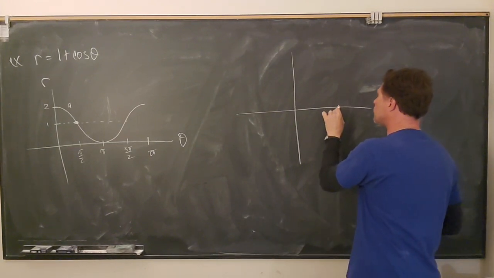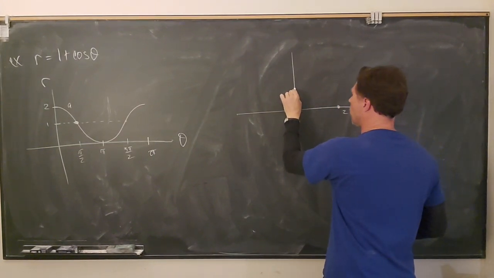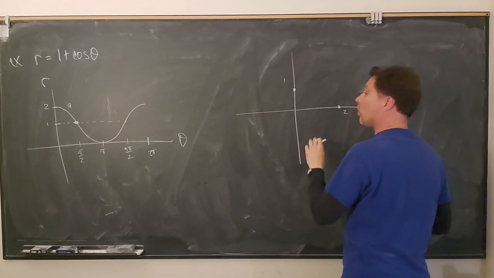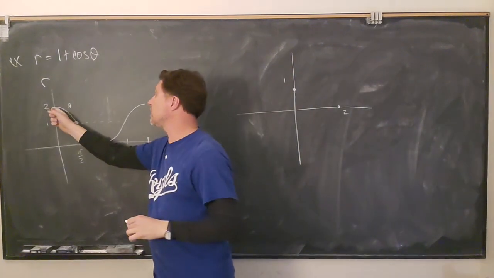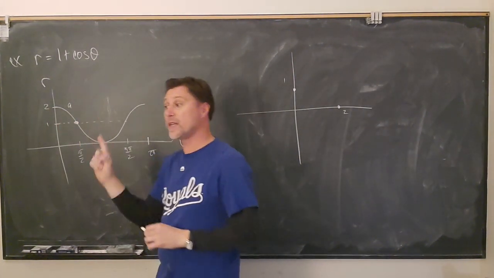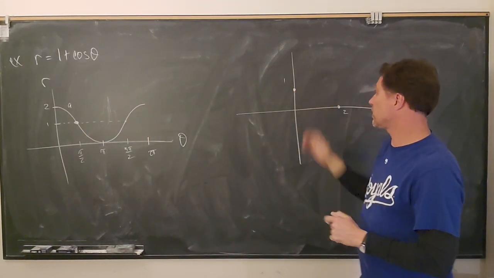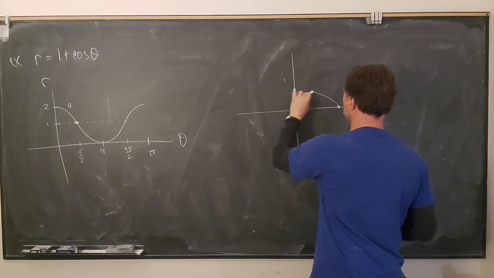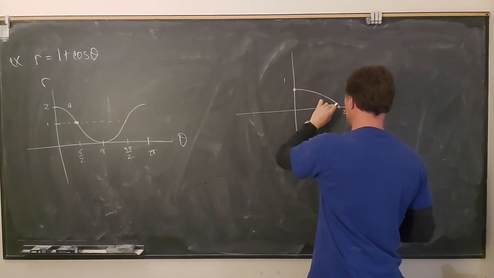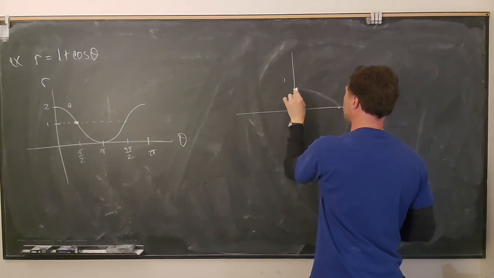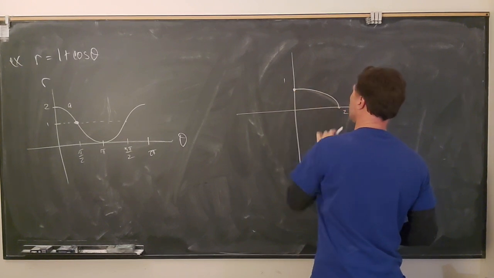So let's mark 2 here and 1 here. Our radius decreases until we're pointing straight up at an angle of pi over 2, where our distance should be 1. It doesn't have to be a perfect graph, I just want to connect the dots like that.